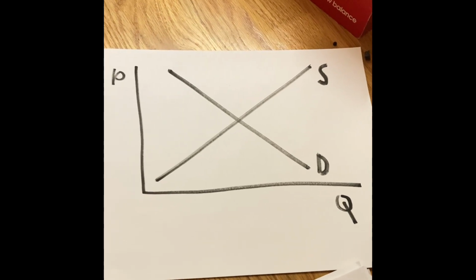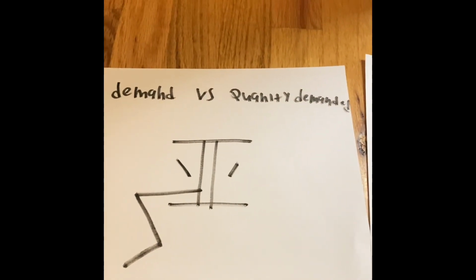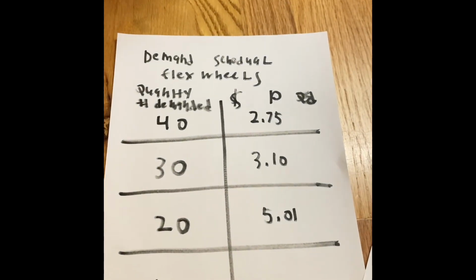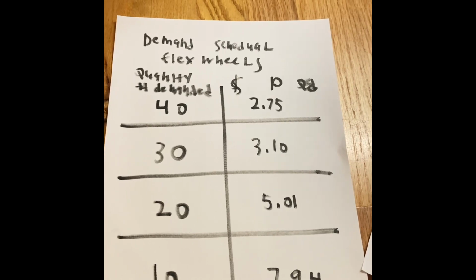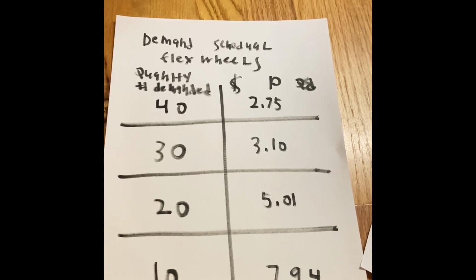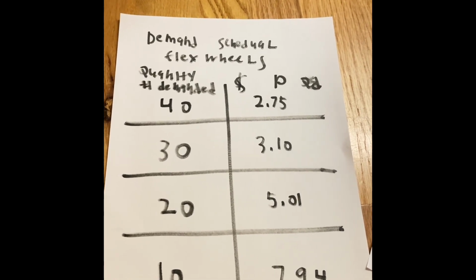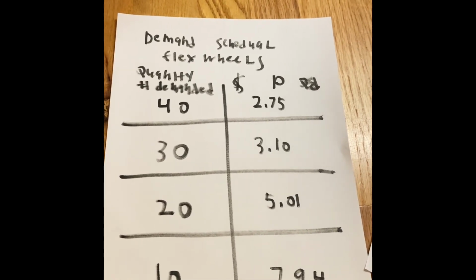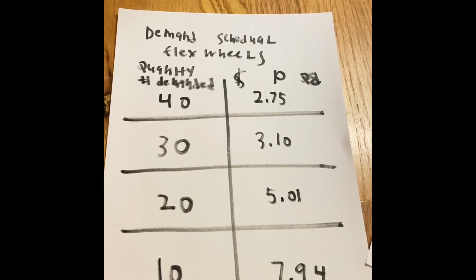But hang on, why is it called quantity demanded, and what is the difference from demand? If you take a look at this demand schedule, it's literally a ratio table that compares the quantity that's demanded, the number that's demanded, versus the price per unit.